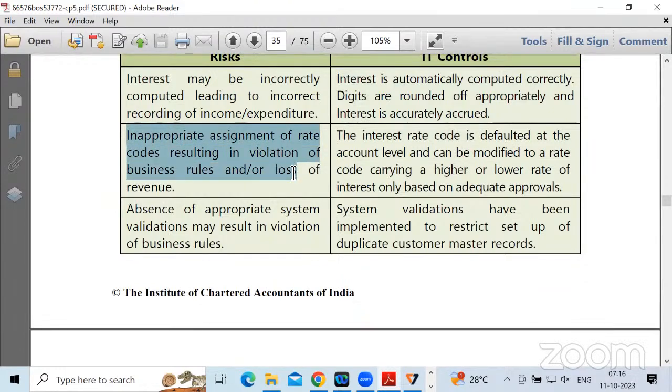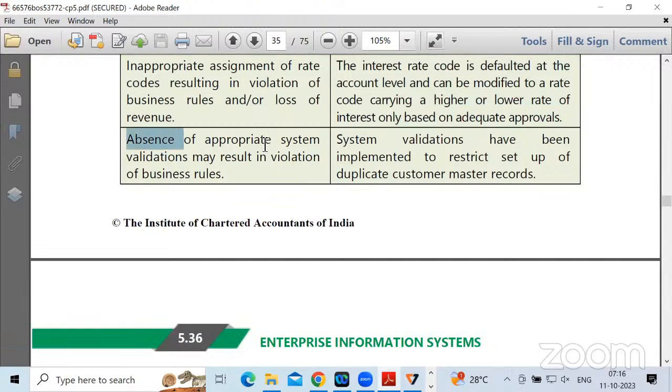Inappropriate assignment of rate codes resulting in violation of business rules and loss of revenue. So the correct code has to be implemented, or it can be modified to a higher or lower rate only based on adequate approval. This word is important, adequate approval, that's all. Then absence of appropriate system validation may result in violation of business rules.